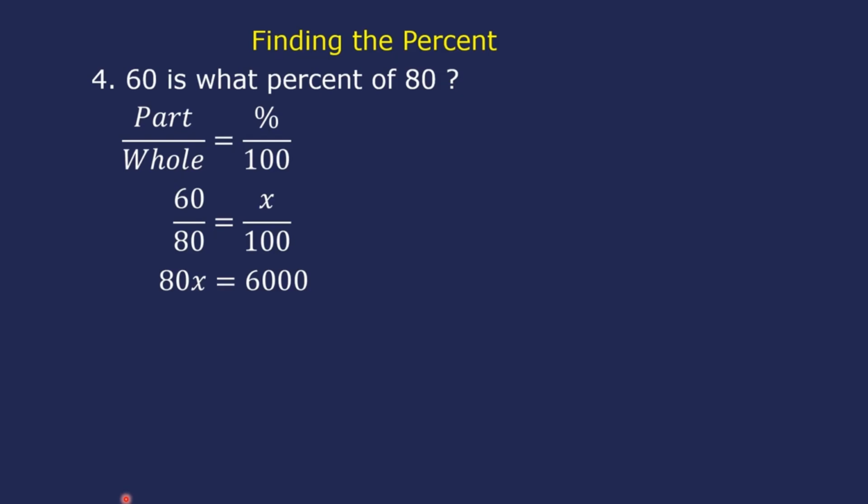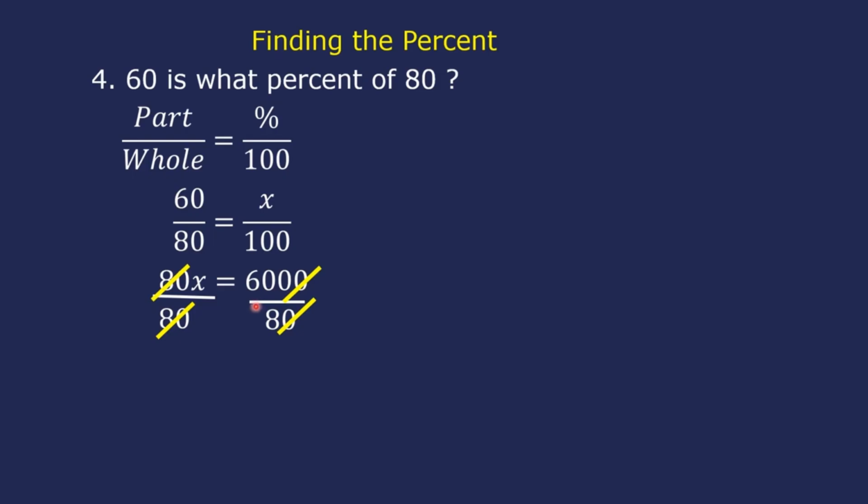Divide both sides of the equation by 80. Cancel 80 in the numerator with 80 in the denominator on the left side. And then cancel 0 in the numerator with 0 in the denominator on the right side.